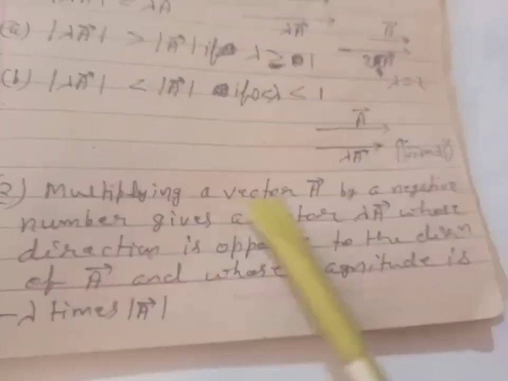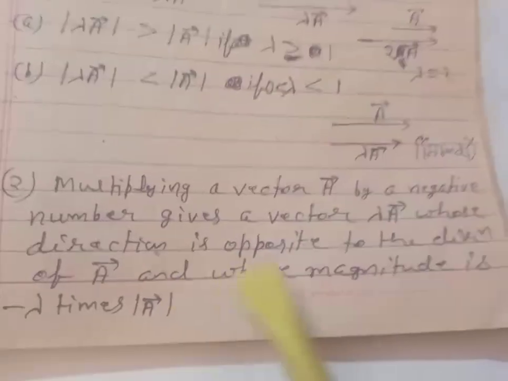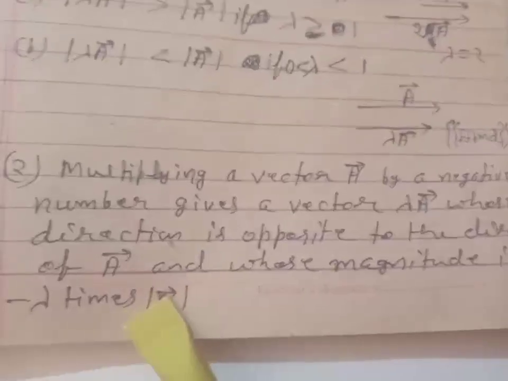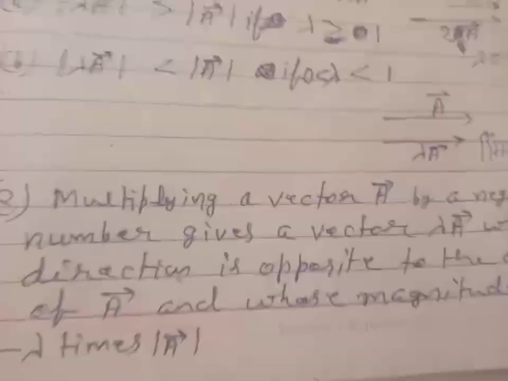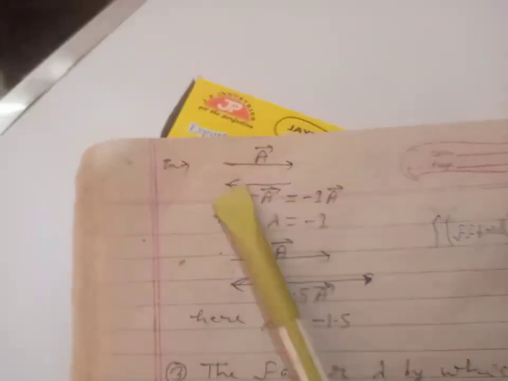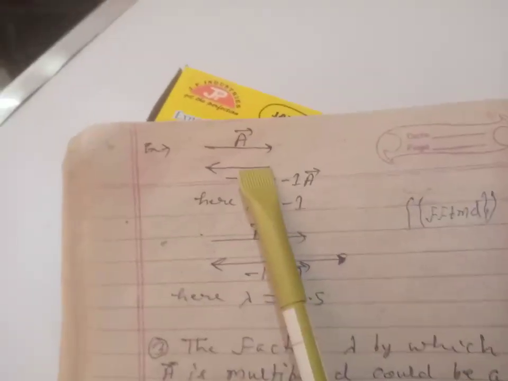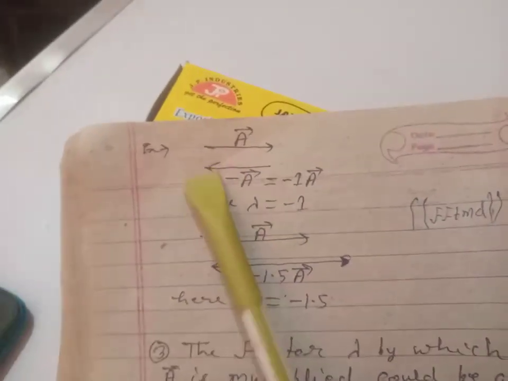Second, multiplication of a vector by a negative number gives a vector lambda A whose direction is opposite to the direction of vector A and whose magnitude is minus lambda times the mode of A. Example: here vector A is represented, and this is minus A vector.